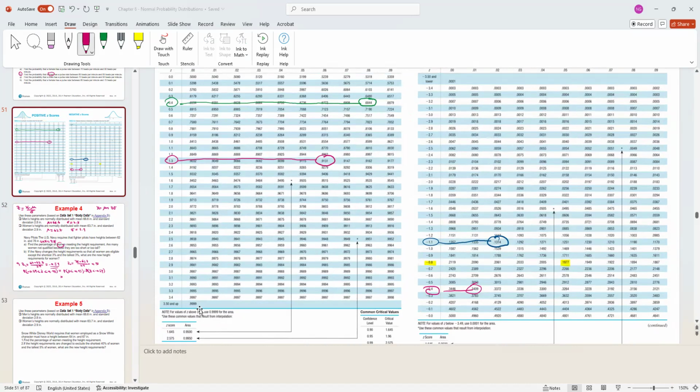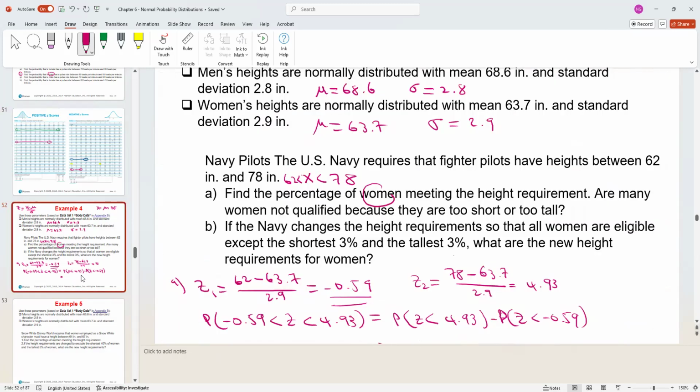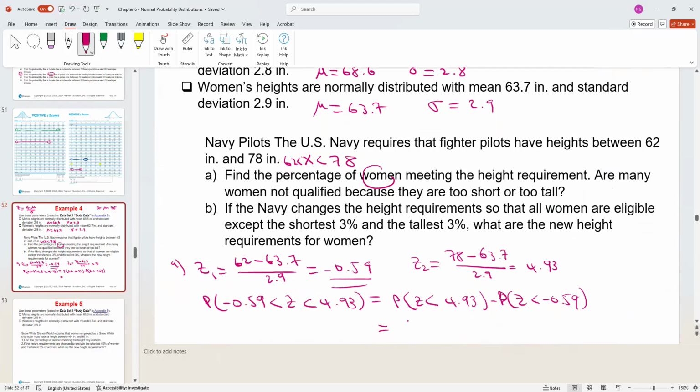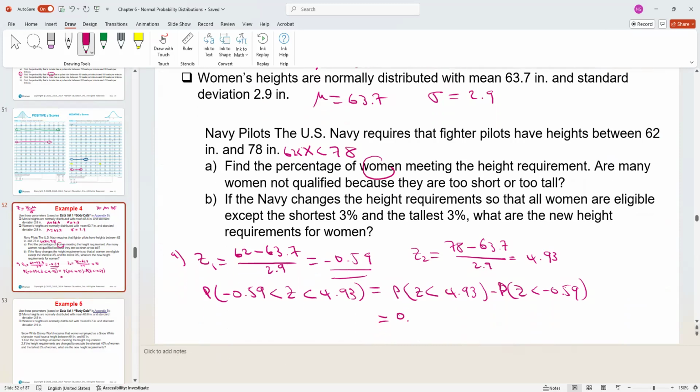For this one, the area to the right is gonna be 0.0001, but to the left, it's gonna be 0.9999. So 0.9999 minus anything you can find for negative 0.59.